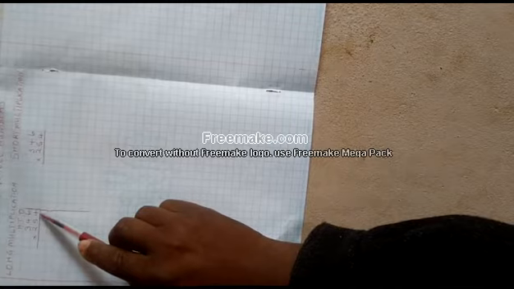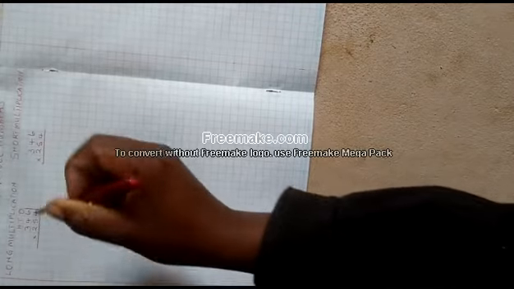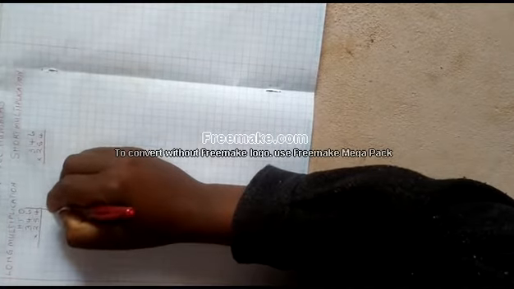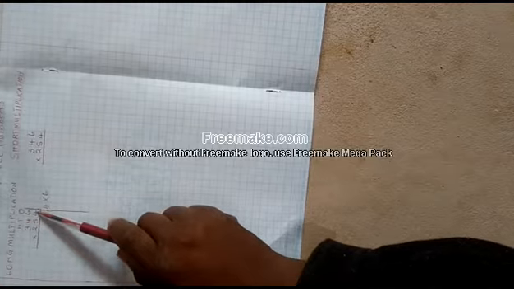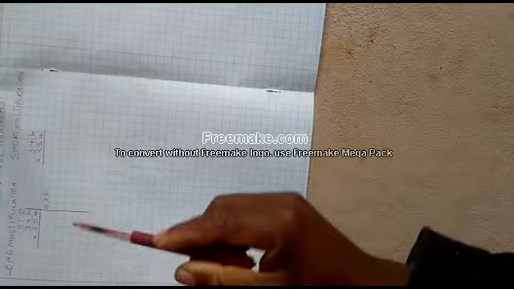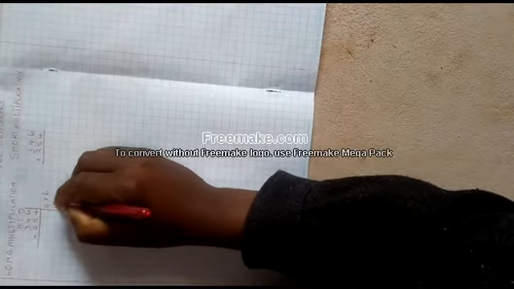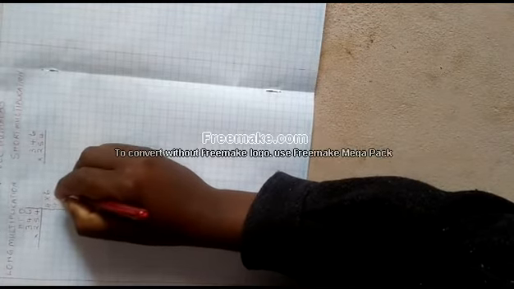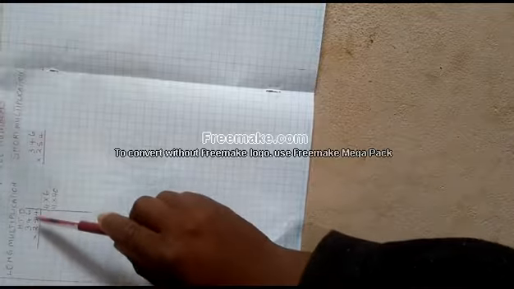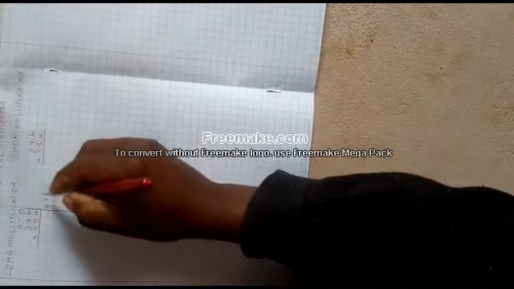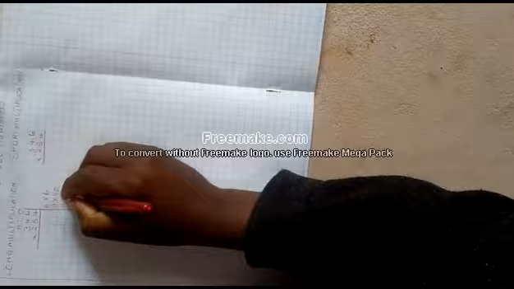So how are we going to multiply these two numbers? First, we are going to say 4 multiplied by 6. And then 4 multiplied by 40. And then 4 multiplied by 300.